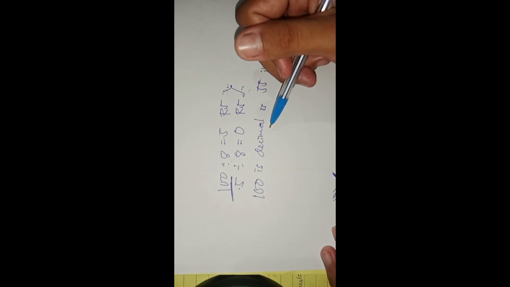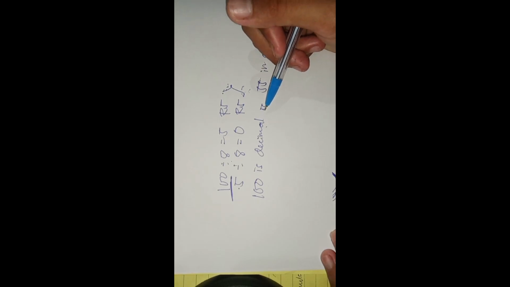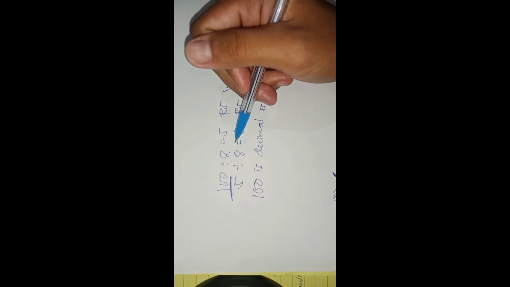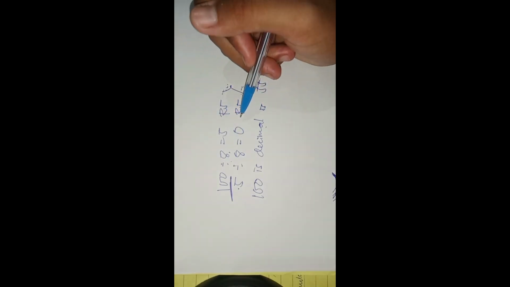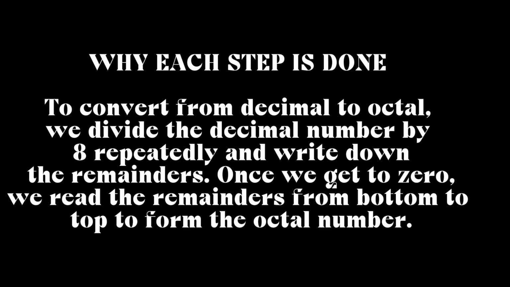That's how you convert decimal to octal. Just keep dividing by 8 and write the remainders in reverse order. To convert from decimal to octal, we divide the decimal number by 8 repeatedly and write down the remainders. Once we get 0, we read the remainders from bottom to top to form the octal number.